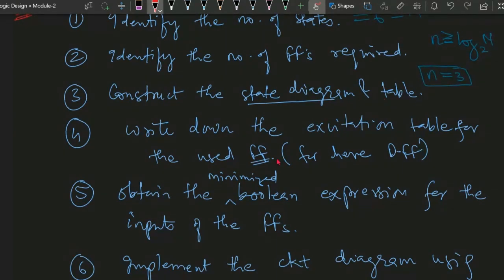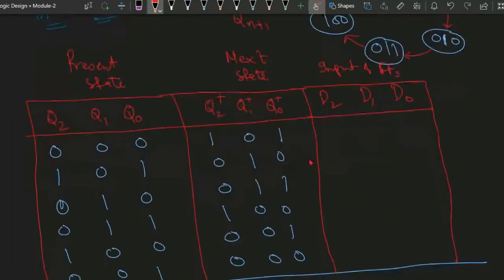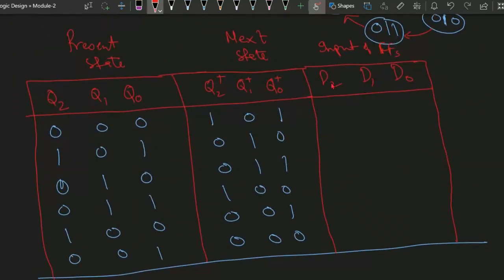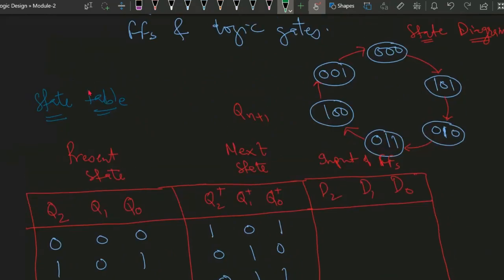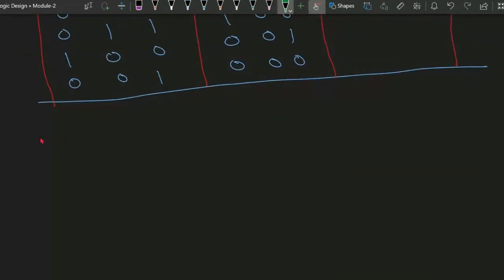We are using D flip-flop here, so we will be using the excitation table of the D flip-flop. The D0, D1, D2 values will be taken from the excitation table. The excitation table has the values Qn, then Qn plus 1, and then the flip-flop input.